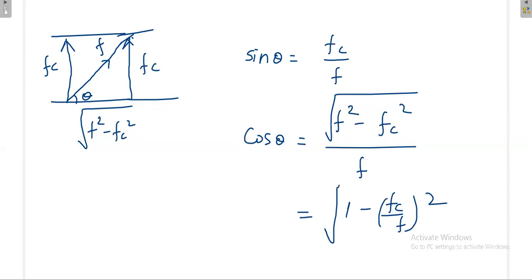In future, instead of this term, I can write it as cos theta.